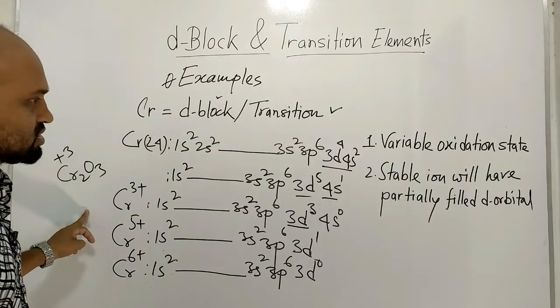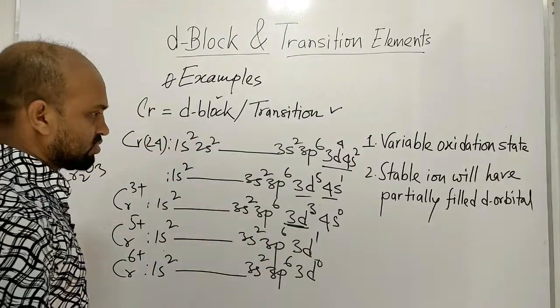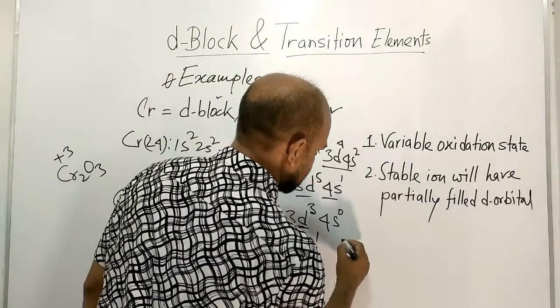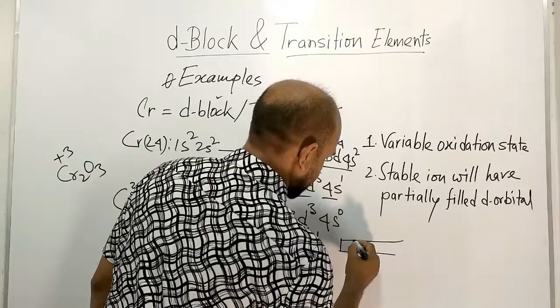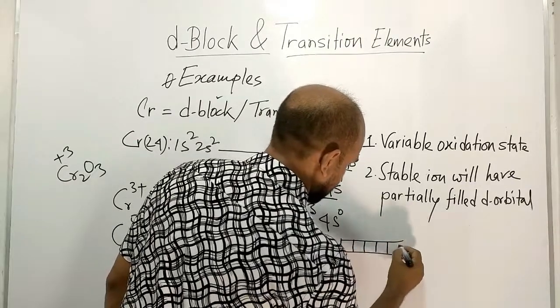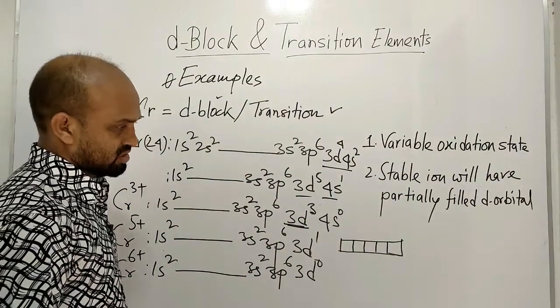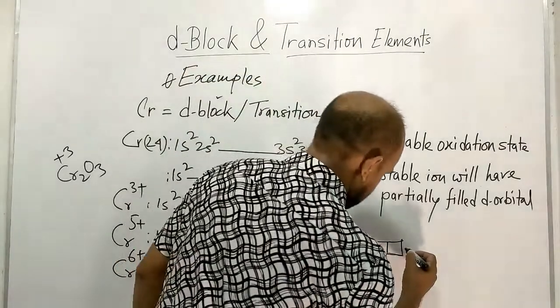One thing can be discussed here, that is why the 3d orbital is stable. There is a theory, crystal field theory. There are 5 electrons and 5 orbitals of the same energy, called degenerate orbitals.